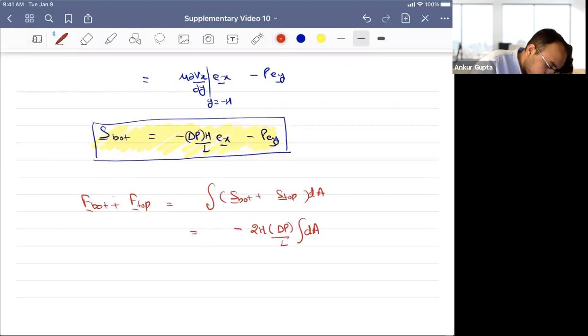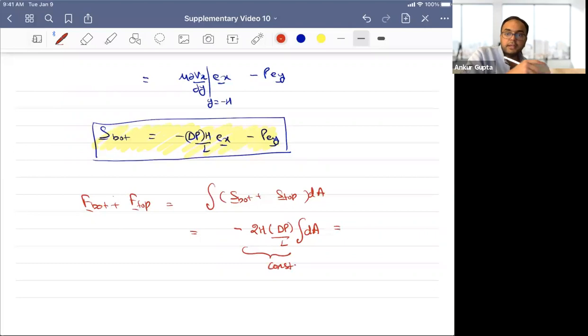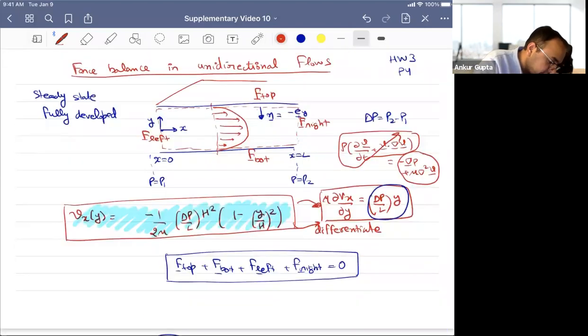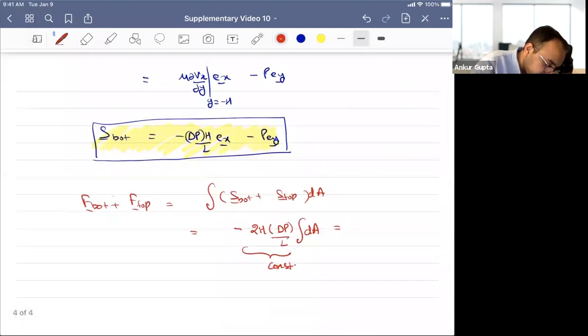Note that this is constant, so I've taken this out, and the area of this plate is L times W. So let's say that the width of the plate is W here. Let's just assume that's the case. So then we will get basically minus 2h, and there is an ex here, so I should not forget that. Minus 2 times delta p into h times W ex. Okay, so this is what I get for F bottom plus F top.